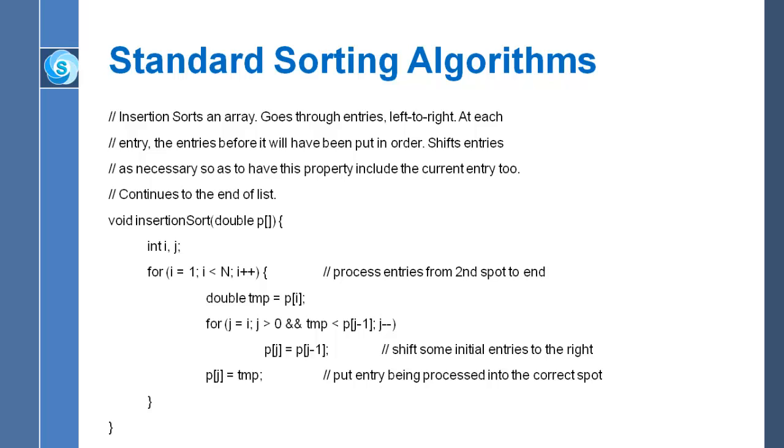In other words, P[0] should be less than or equal to P[1], which should be less than or equal to P[2], which should be less than or equal to P[3], which should be less than or equal to P[4]. But now we're looking at P[5], and there's no telling how P[5] stands in relation to the previous entries.